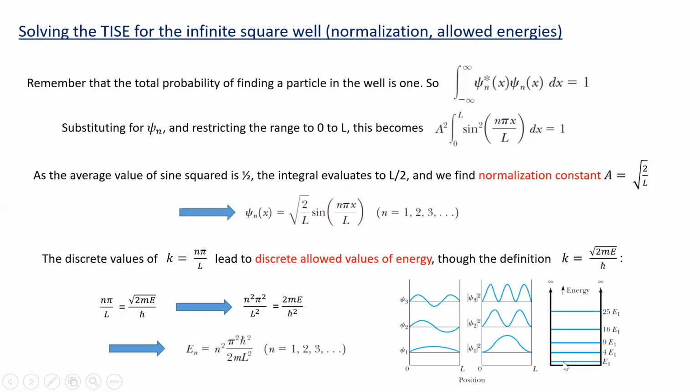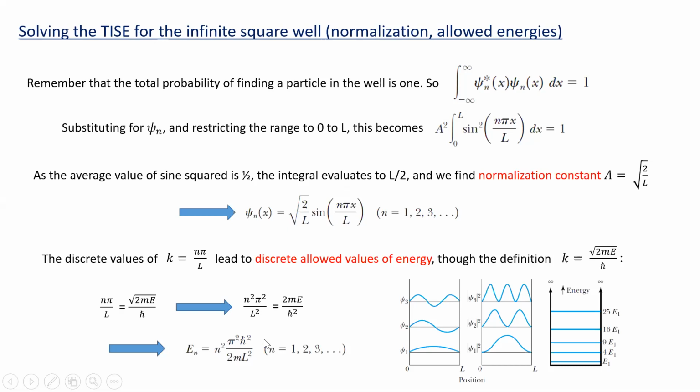And the energy of these 3 would be, well, the energy E1, plugging in 1 here, would be π²ħ² over 2mL². But then as n increases, when n becomes 2, n squared is 4, so it's just 4 times the original energy level E1.